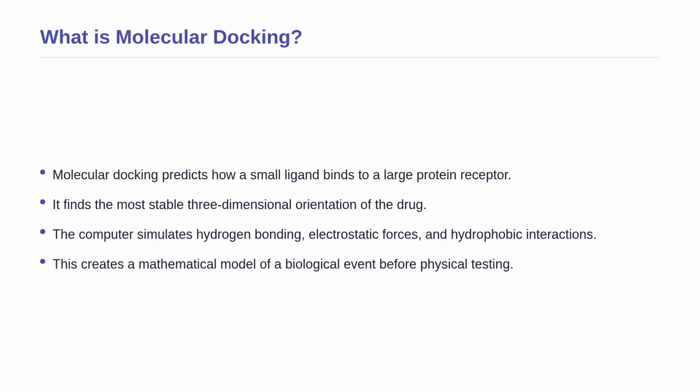The software calculates the most stable three-dimensional orientation of the drug within the protein's binding site. It does this by simulating physical and chemical interactions, such as hydrogen bonding, electrostatic forces, and hydrophobic interactions. By evaluating these factors, the computer creates a mathematical model of a biological event before it ever happens in a test tube.